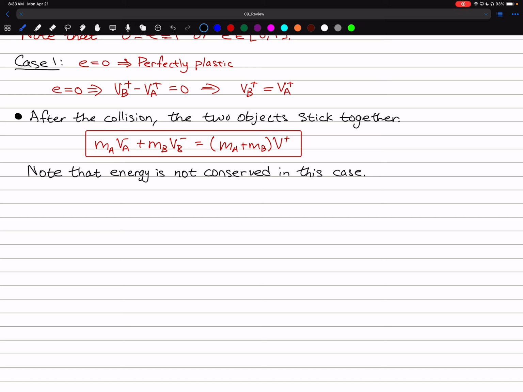All right, the second case is when e is equal to 1, and we call this the perfectly elastic case. So e equals 1. This is our perfectly elastic impact.